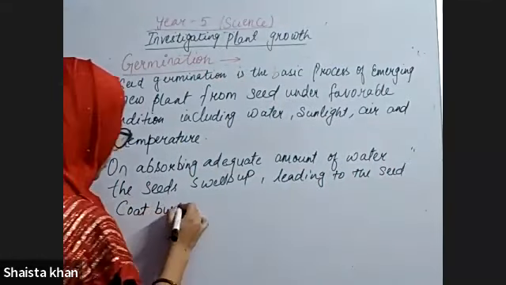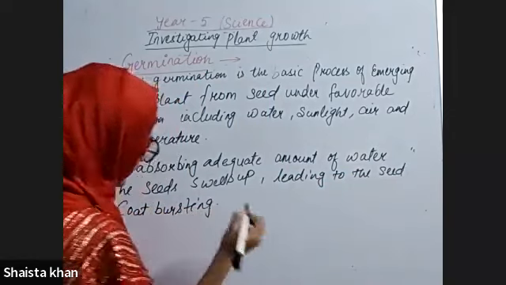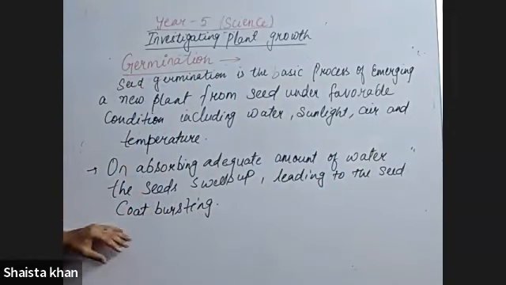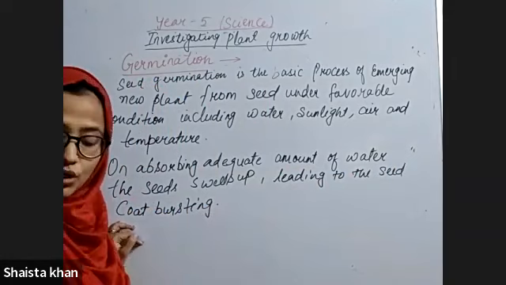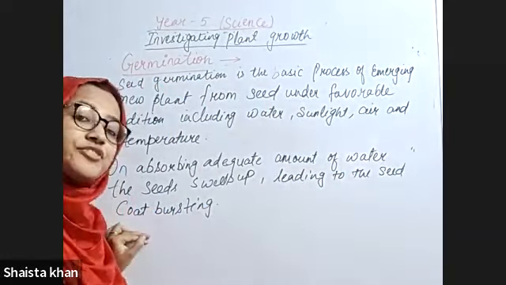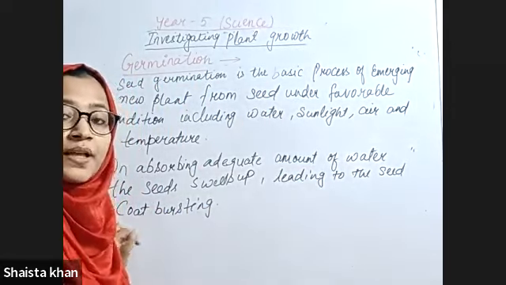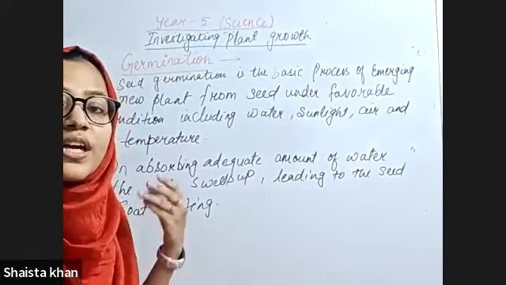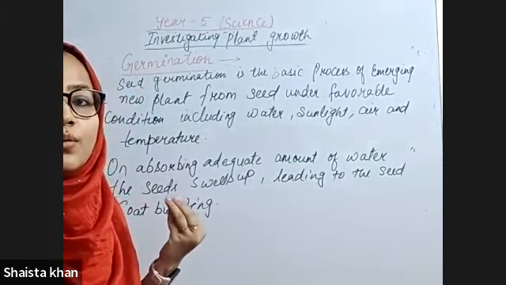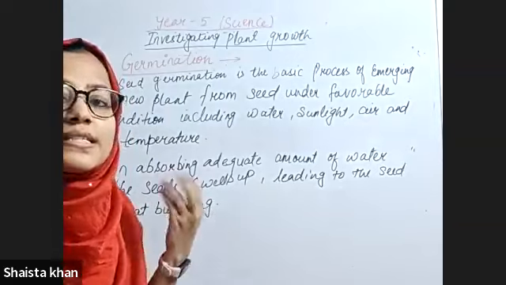Okay. Seed coat bursting. Right. And after bursting the seed coat, the embryo will start growing and it will grow into a sapling or a what? Seedling. You can call it a seedling.